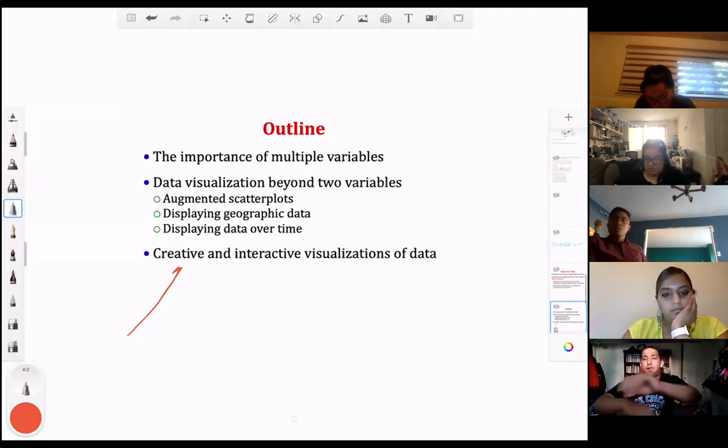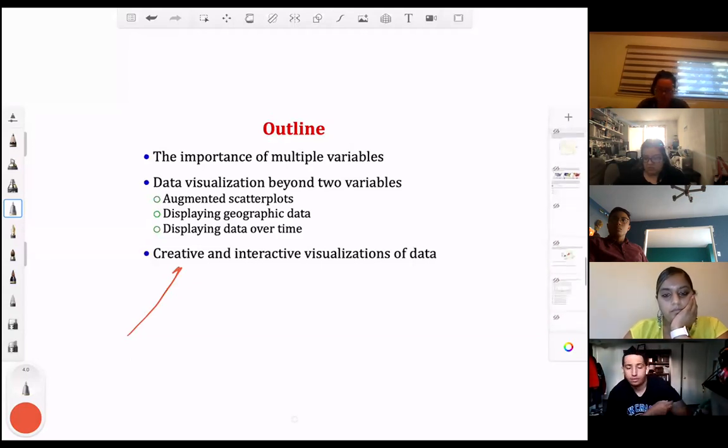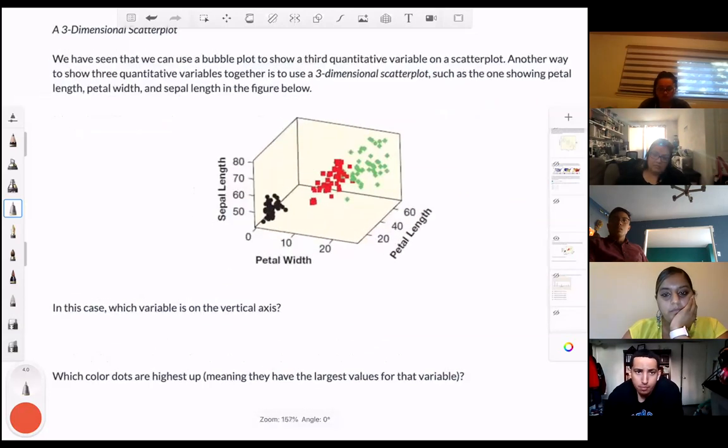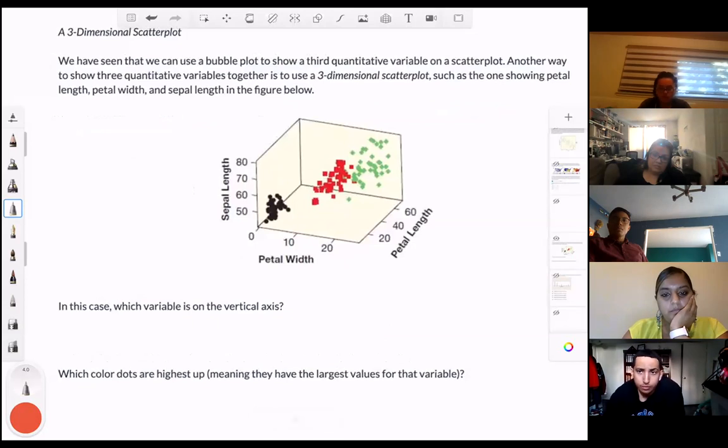For example, there's no example. Oh, there's an example here. This is one of the, I think, homework questions. This doesn't look good, right? We need to first look at this one. So we have some data, 3 different colors.